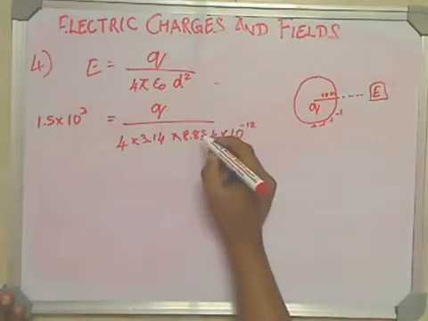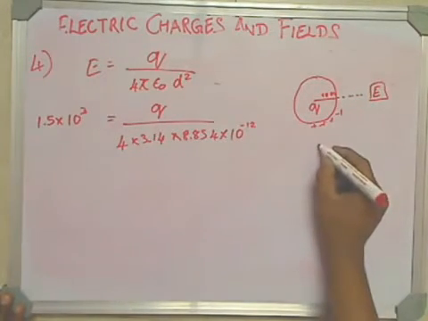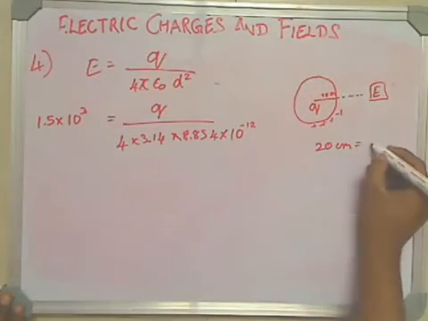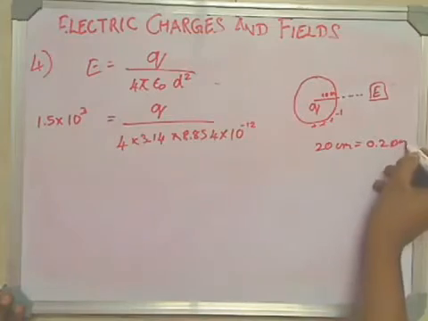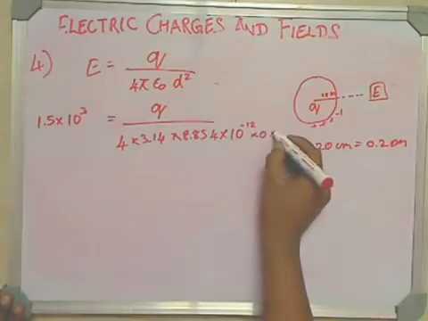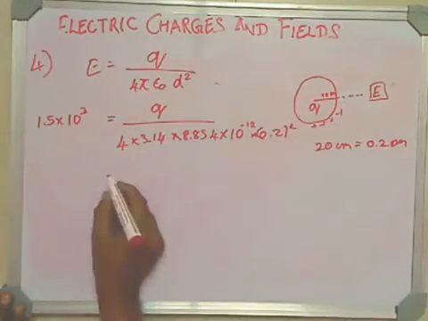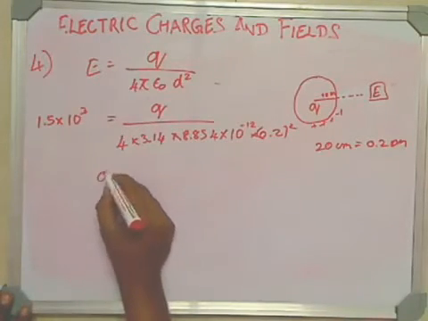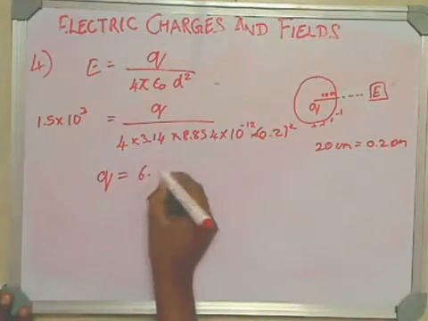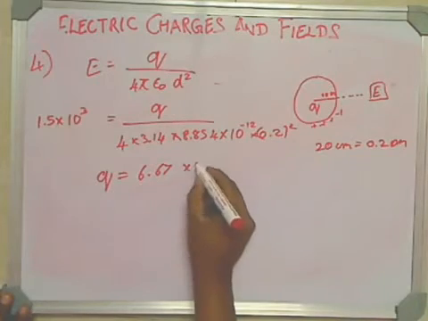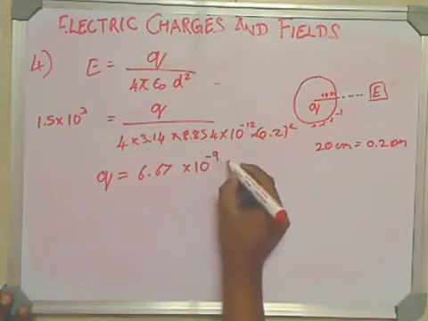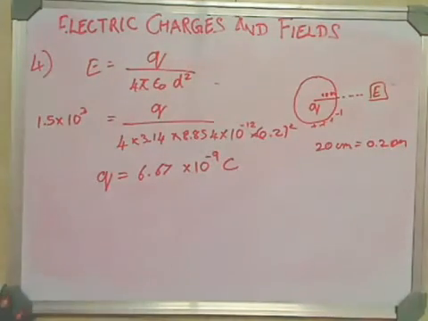Again, I need to convert the distance into meter. So 20 centimeters is nothing but 0.2 meter, so 0.2 square. This, upon calculation, gives me Q equals 6.67 multiplied by 10 to the power of minus 9 coulomb.